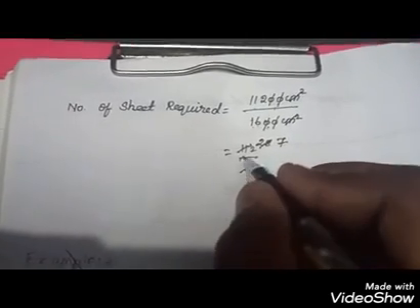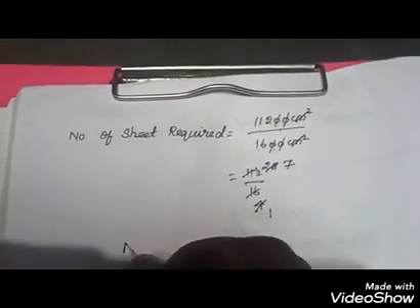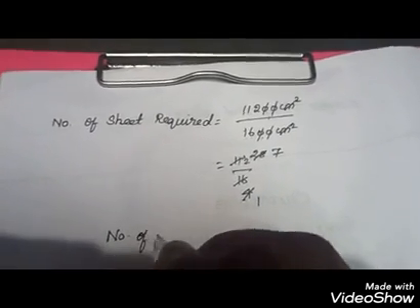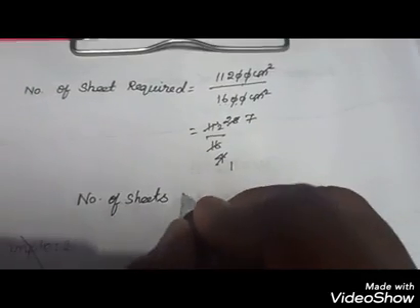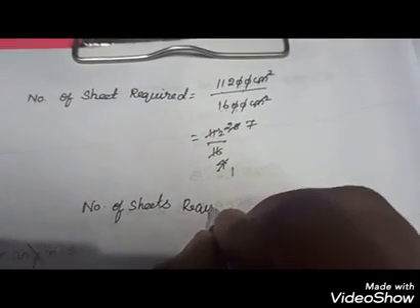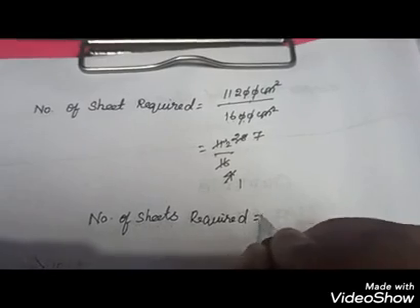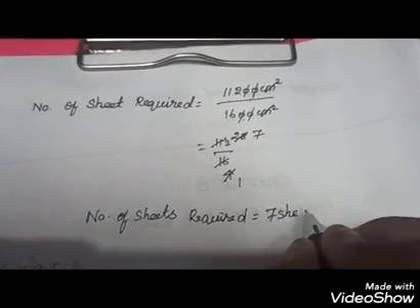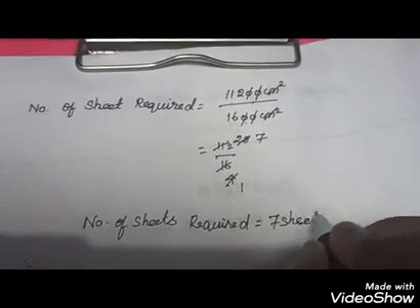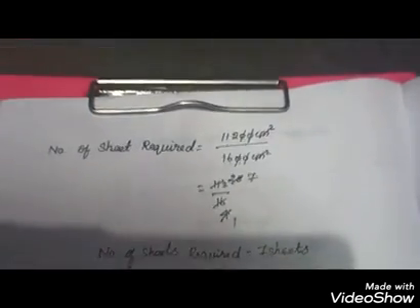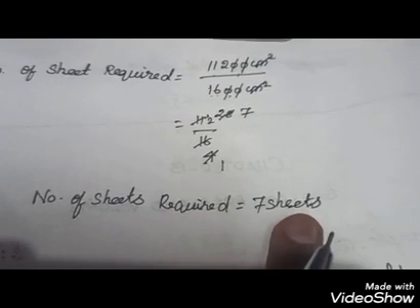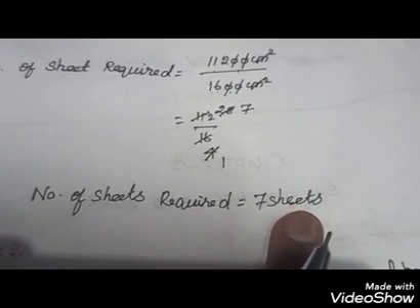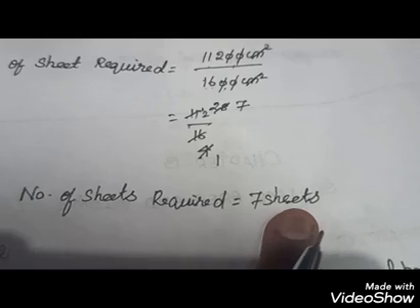So we get the number of sheets required, which is equal to 7 sheets. So we have to find how many sheets we need. 7 sheets we need to cover the whole cuboidal wooden box.